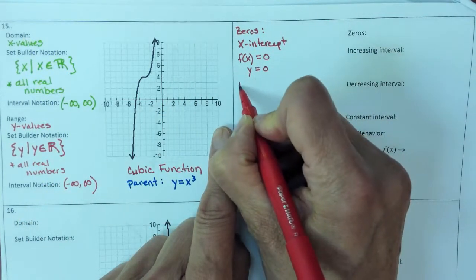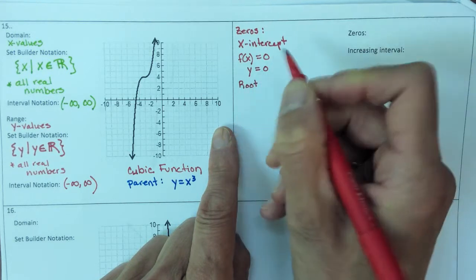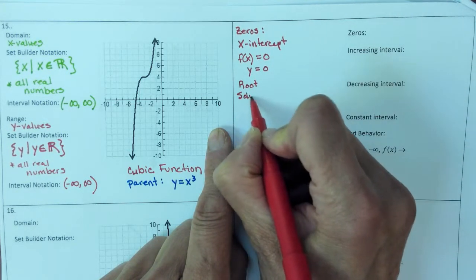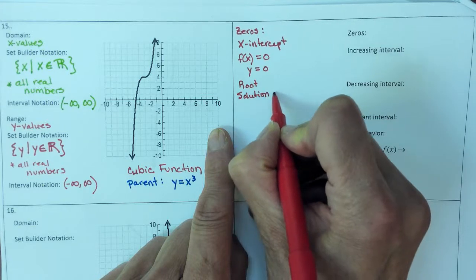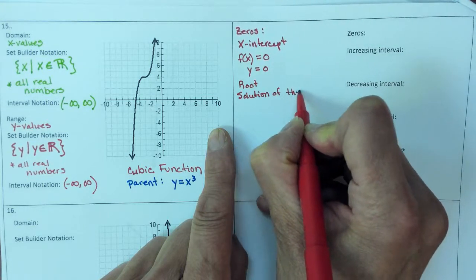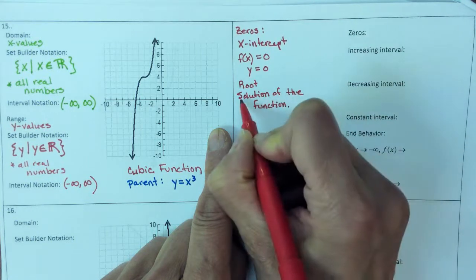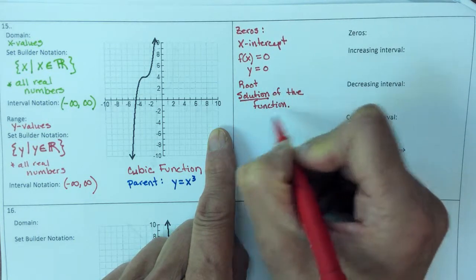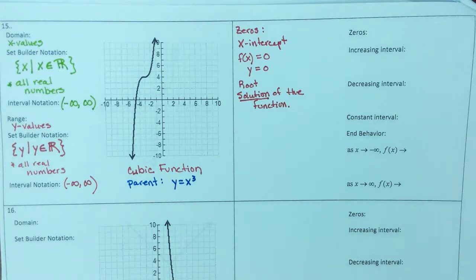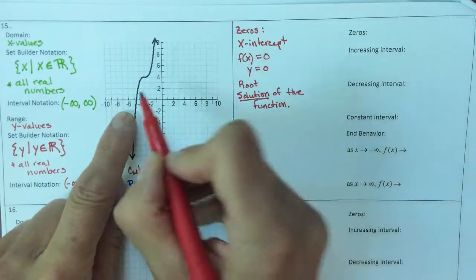The other word we can use is root, and we can use solution of the function. Sometimes we're lazy and we just say solution, but we have to look at the rest because there's also a solution of a system, which is totally different.